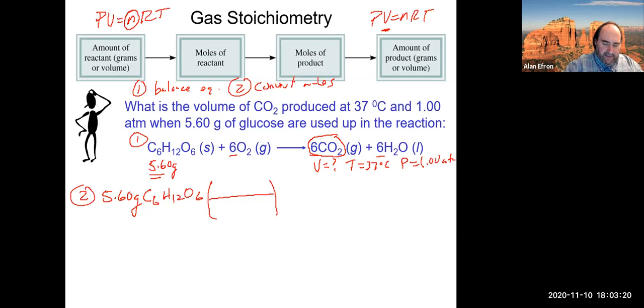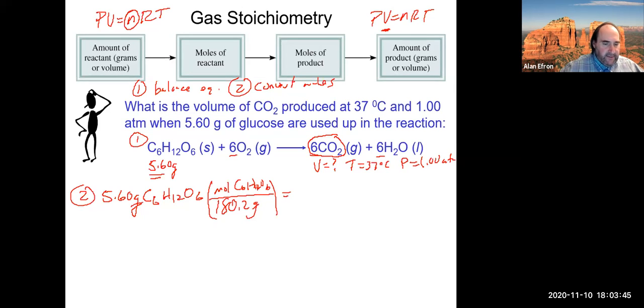That is going to give us a molar mass of 180.2 grams per mole of our glucose here.